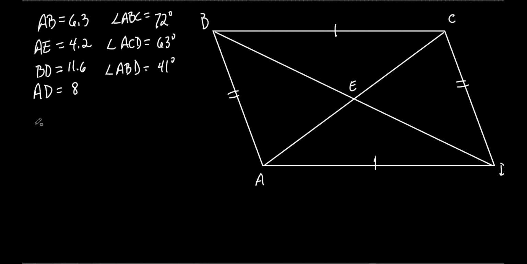All right, let's just find out what we want to find. So here's what you want to find. Part A says you need to find DC. So that's one of the things we're going to try to find. Part B says we're going to find EC. Part C says we're going to find ED.